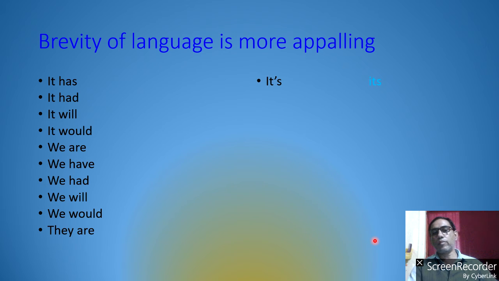Till now we have been pronouncing them fully, but from today onwards we have to change our pronunciation. It has is written it apostrophe s and pronounced as it's.